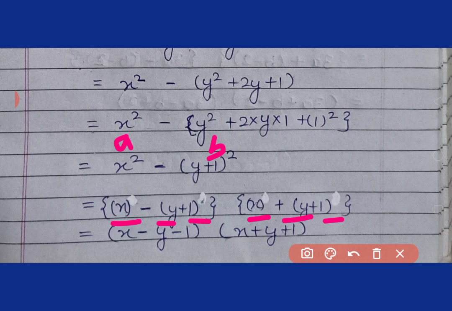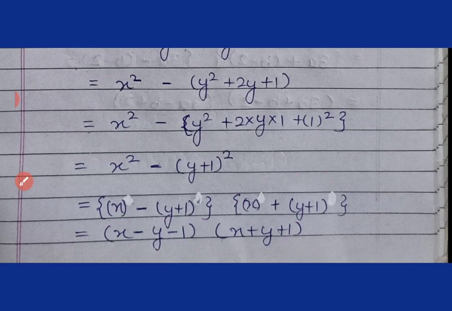So the minus sign is multiplied with y, so it becomes minus y. The minus sign is multiplied with plus 1, it changes to minus 1. So it is x minus y minus 1. And in the second bracket there will be no change of sign due to the plus sign, because it is in the form of a plus b. So no sign will change. So x plus y plus 1 is the answer.